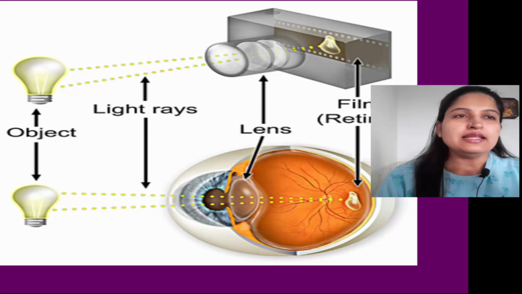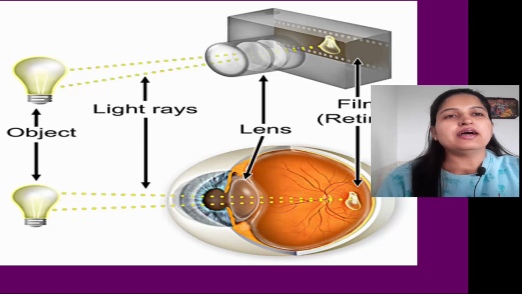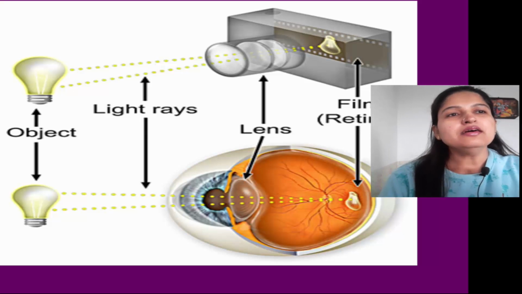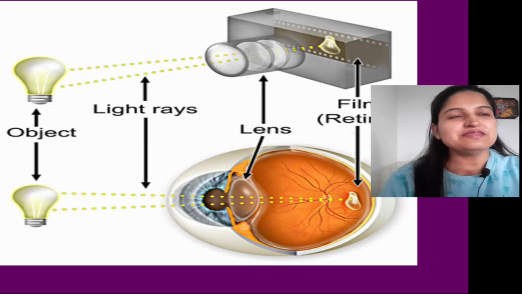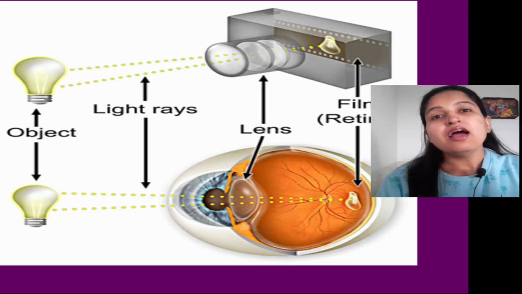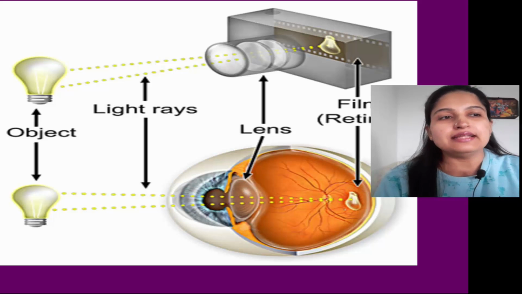Here is an image of how the image is formed in an eye and a camera. Here you can see a right-side-up image formed at both positions, but the image formation is not like that. This image depicts how in reality we see things. In reality the image forms inverted, but we see things like this one only.